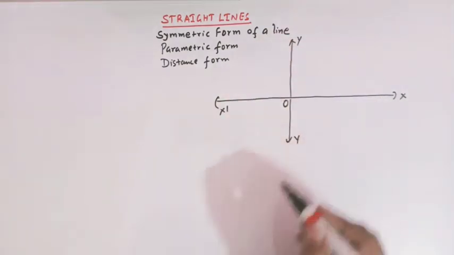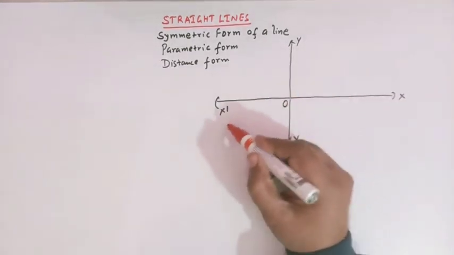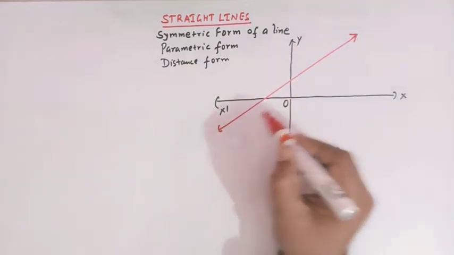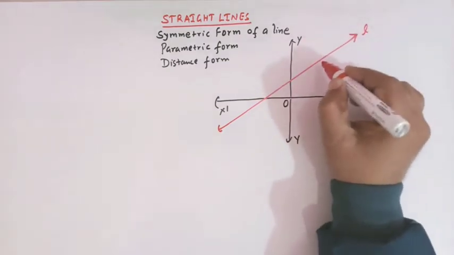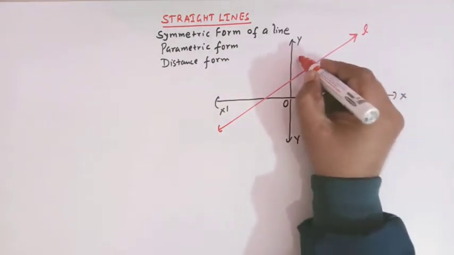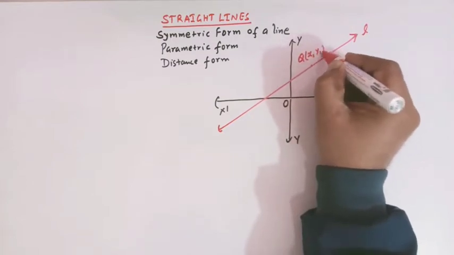Now we'll take a straight line which passes through some point x1, y1. I am drawing the line, and this straight line passes through some point, say Q, whose coordinates are x1, y1.